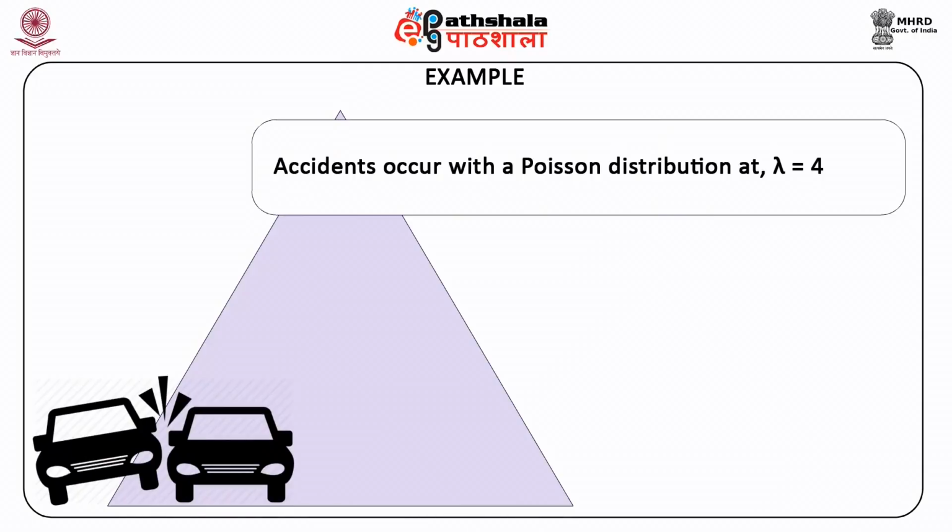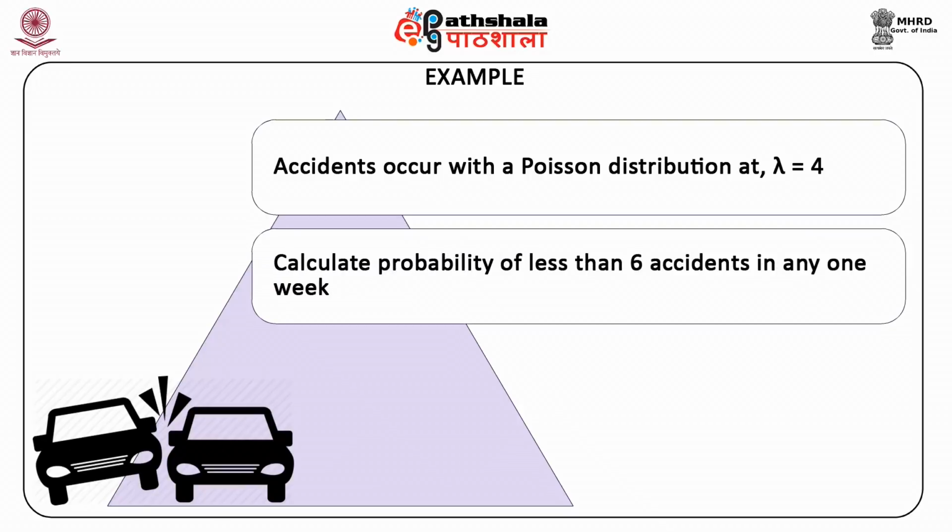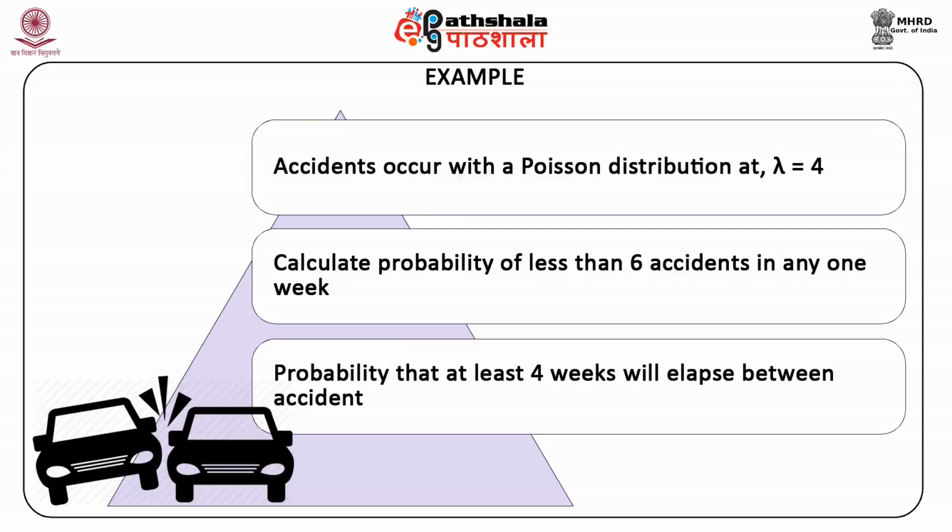Accidents occur with a Poisson distribution at an average of 4 per week, that is lambda equal to 4. Calculate the probability of less than 6 accidents in 1 week. What is the probability that at least 4 weeks will elapse between accidents?